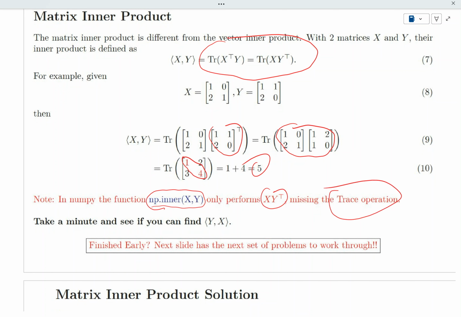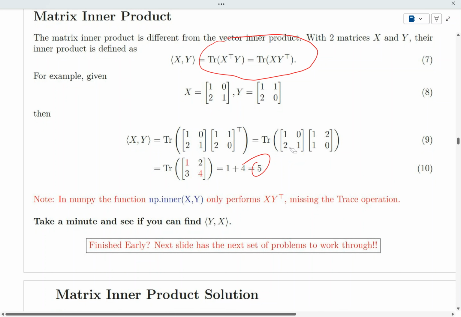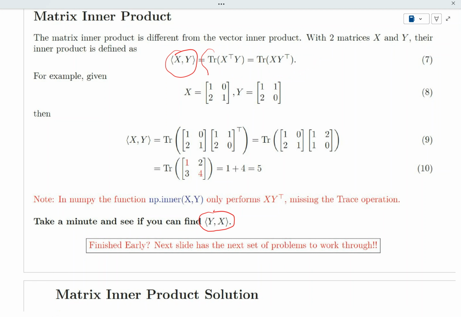So when you do NumPy, you got to remember to add the trace operation. Now, okay, now that we found the trace of x, the inner product between x and y, why don't you find the inner product between y and x so you can flip them? Okay.